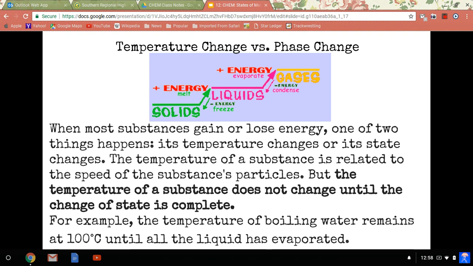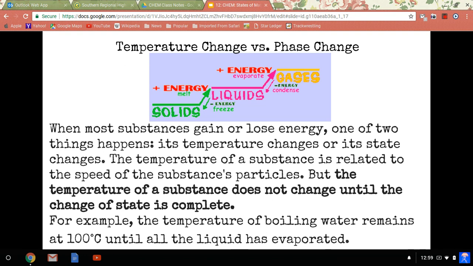We already knew that. The temperature of the substance does not change, so it remains the same until the change of state is complete. So for example, if you were boiling water, we know that happens at 100 degrees Celsius or 212 degrees Fahrenheit. Until all of that water has been boiled off or has changed into the gas phase, that liquid is going to stay at that temperature.